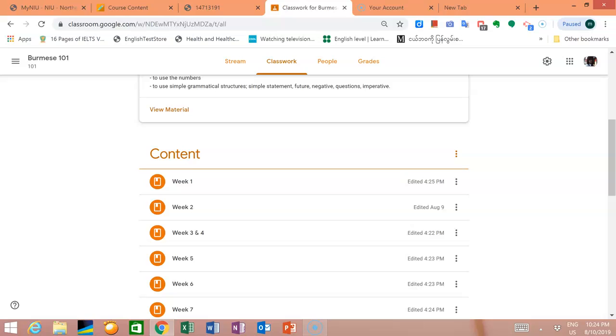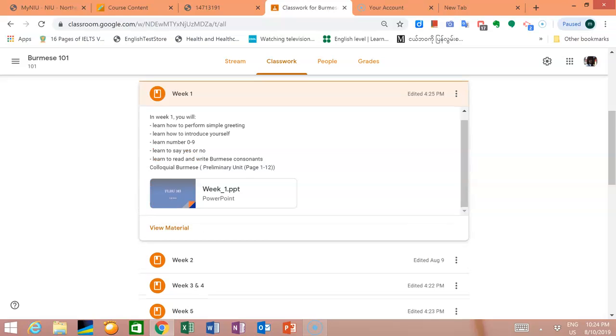under separate week folders. In week 1, learners will learn how to perform simple greetings, introduce themselves, learn numbers 0 to 9, learn to say yes or no, and learn to read and write Burmese consonants.